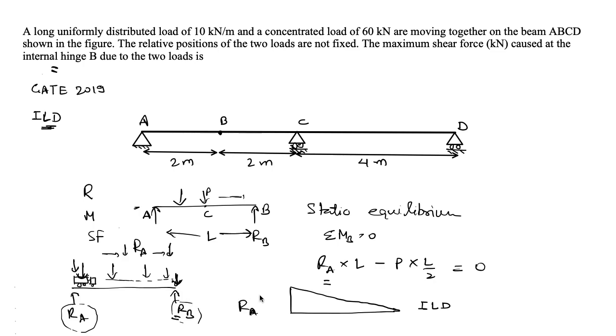So here what is happening, this influence line diagram is telling us, as the load is moving on the span, the value of reaction at A. So the ordinate here, this y-axis, gives us the value of reaction.